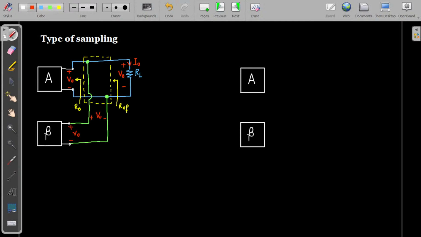So what we are selecting at the feedback line, we are selecting the voltage here. So the voltage between the two lines has been selected and connected to the feedback path. That's why it is called the voltage sampling. तो इसीलिए इसका नाम है voltage sampling.